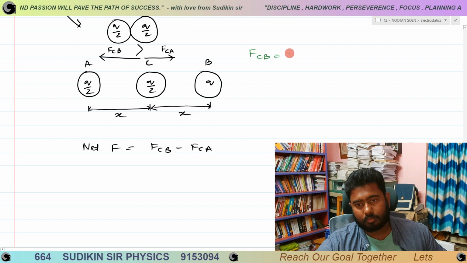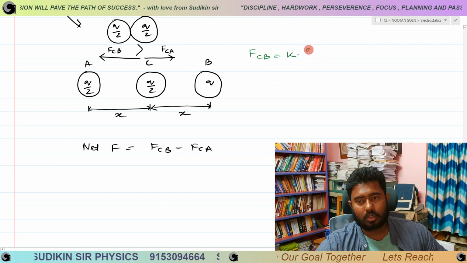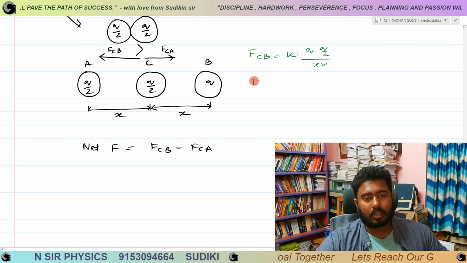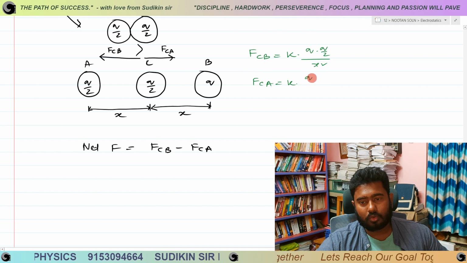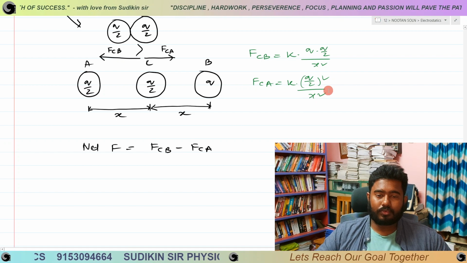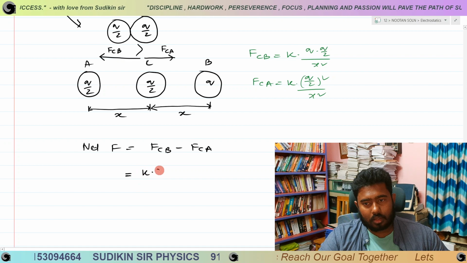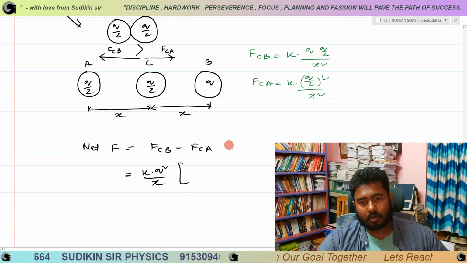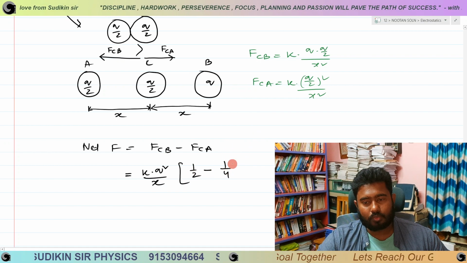From the figure, FCB will be K Q1 Q2, that is Q into Q by 2, by x square, and FCA will be K into (Q by 2) square by x square. So FCB minus FCA will be K Q square by x square, for FCB we can write half, minus for FCA 1 by 4.